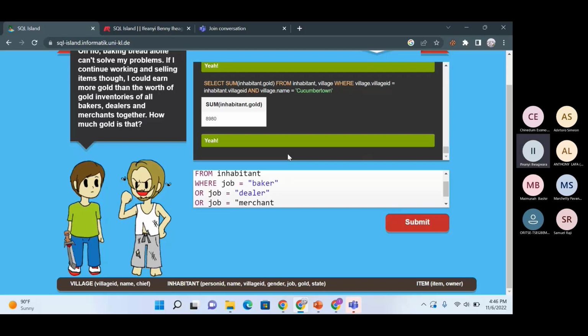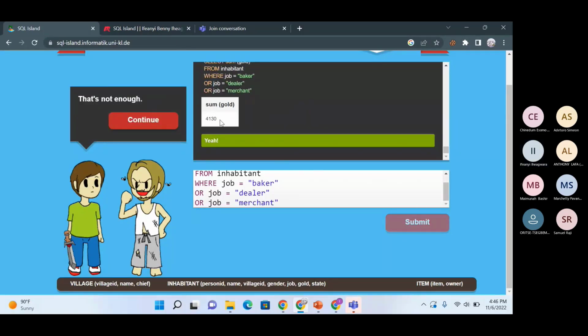I think it has an S. No, I don't think it has an S. Okay, so we submit this. So is this the actual gold of everybody who works in this village that are bakers, dealers, and merchants? It looks like it's just less than half of the gold that is demanded. So we can't even say we can work to get that.